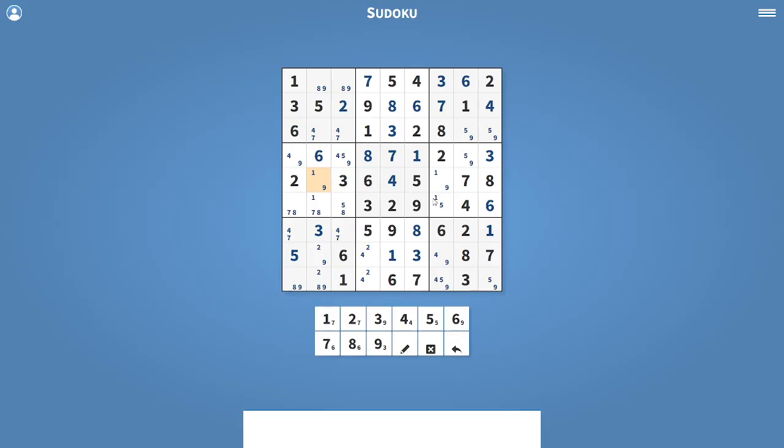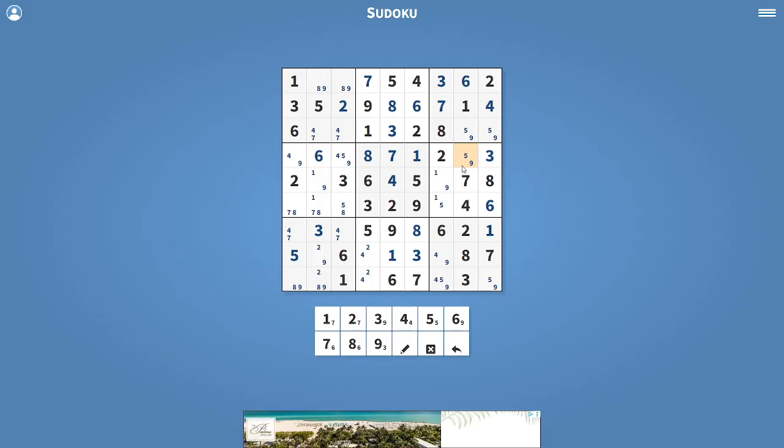What? Wait. Bring that back. If this were 5, that would leave 4 and 9 over there. This would be 1, so 1 would be right here, which means that could be a 9. Okay, never mind. That makes sense.